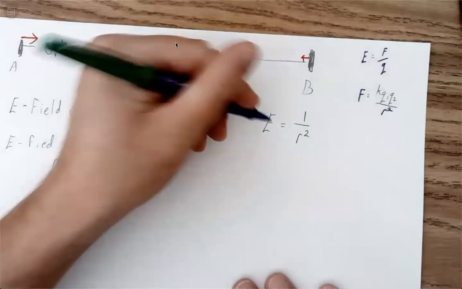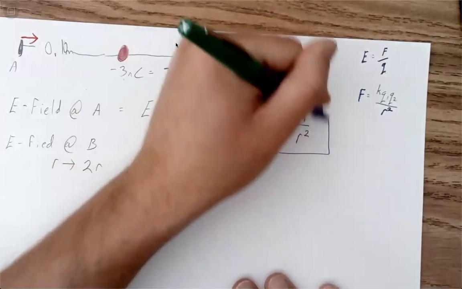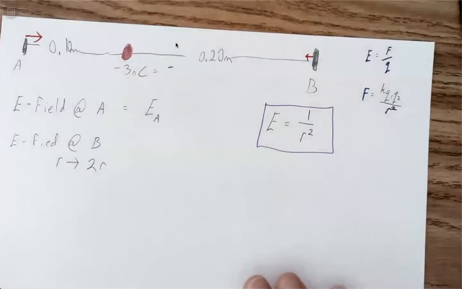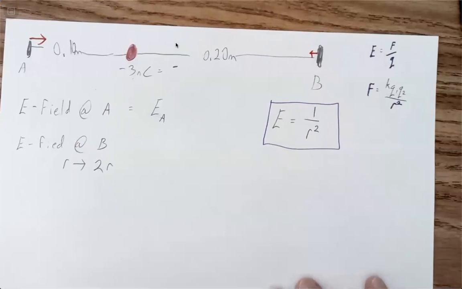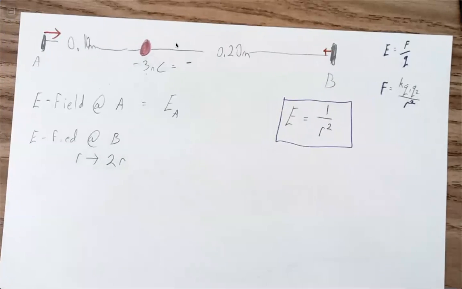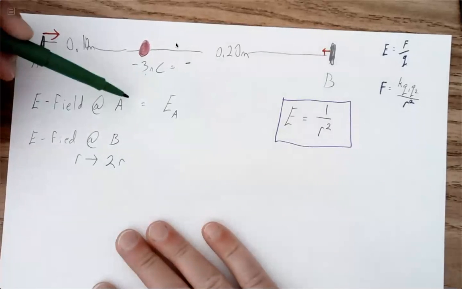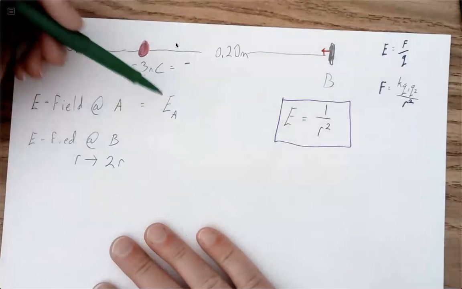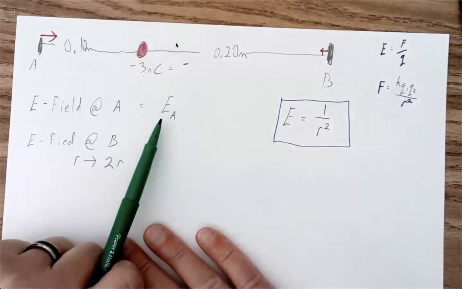So we have this relationship here that this electric field is going to have an inverse square relationship too with that distance. So it's going to be following that same trend that we had with charge, we're going to have now with electric field.